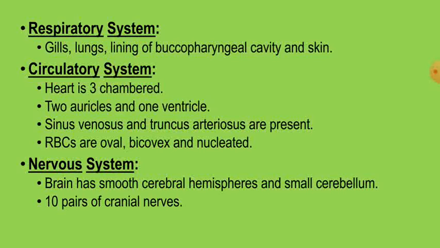In the circulatory system, the heart is 3-chambered: 2 auricles and 1 ventricle, and a sinus venosus and truncus arteriosus are also present. The heart receives and pumps both oxygenated and deoxygenated blood. Such a heart is called a pulmonary heart.